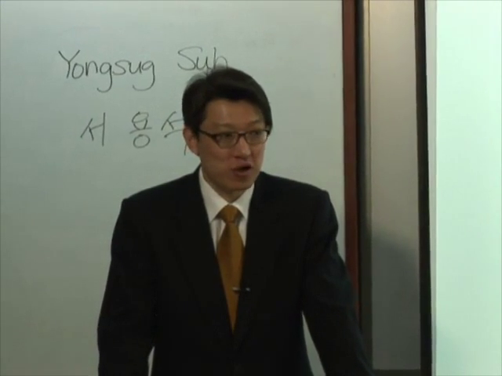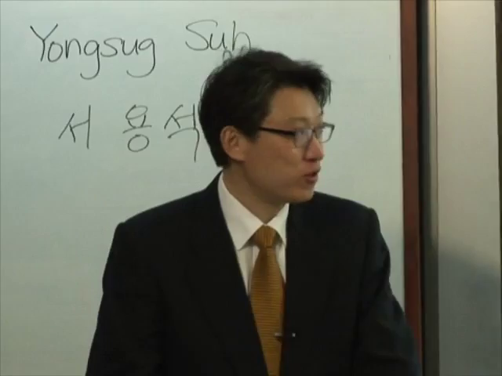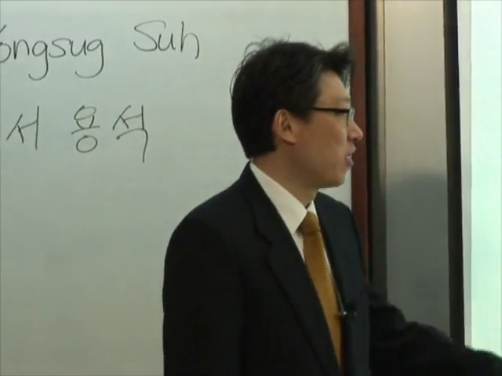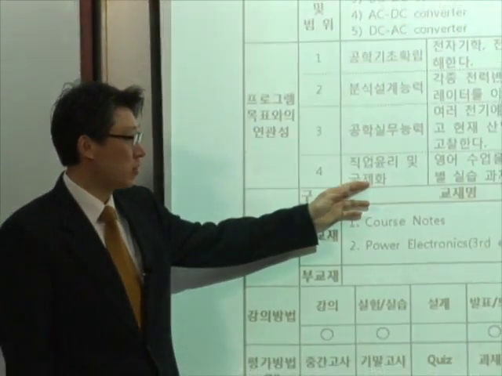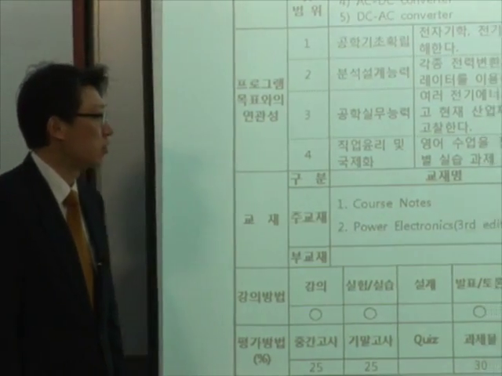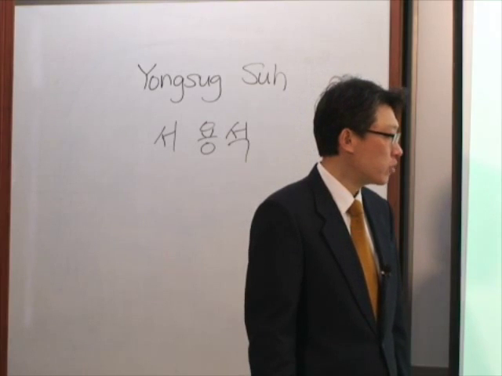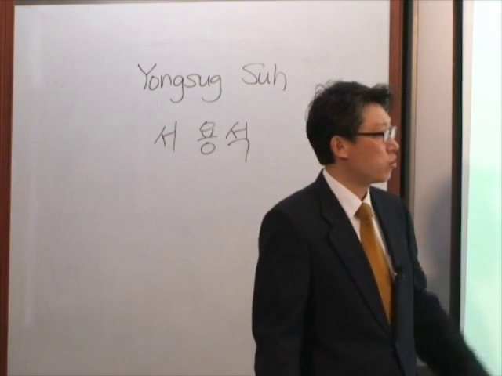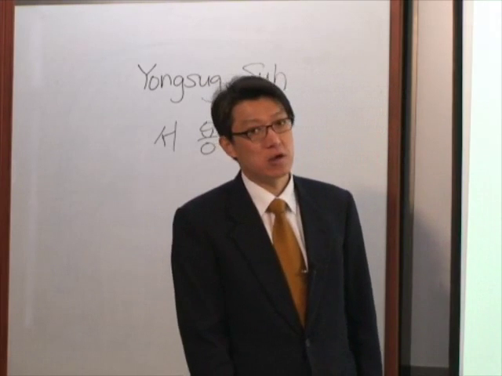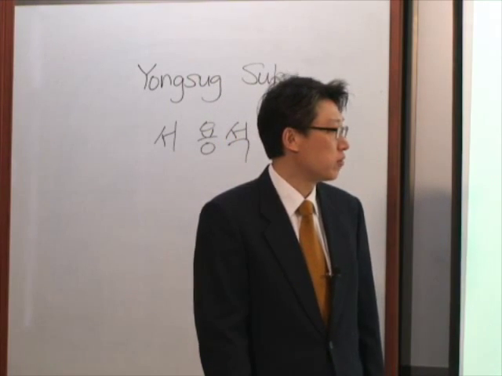Some of them are from China, and some of them are from Mongol. Okay, so this course is now becoming, I hope, more globalized. So I teach in English. And the course material is also, I picked up the English textbook, okay.